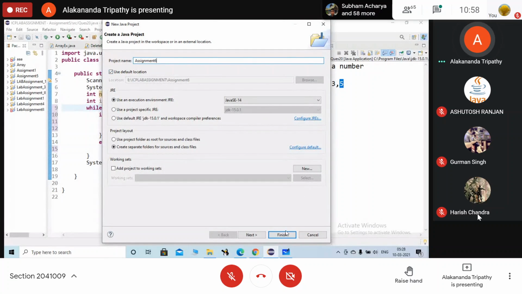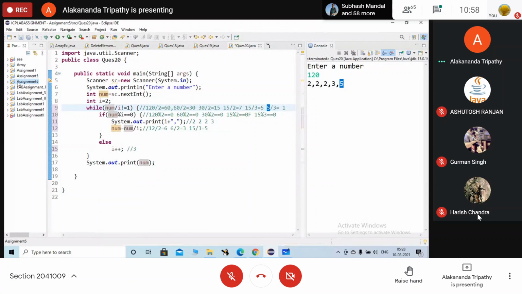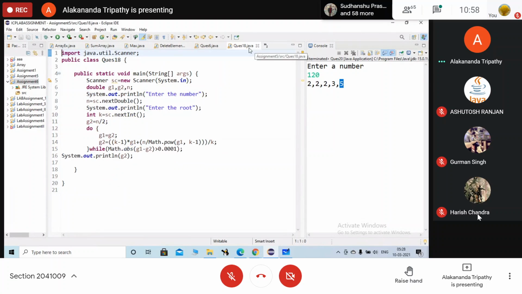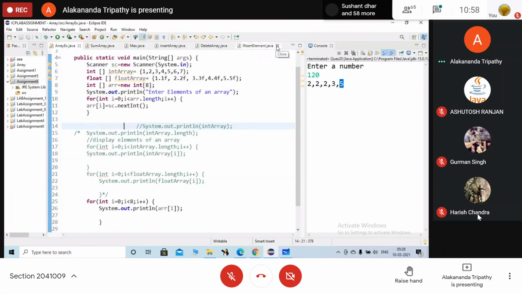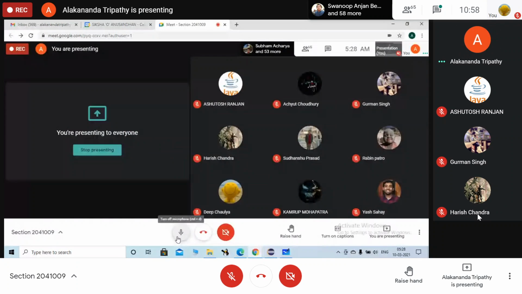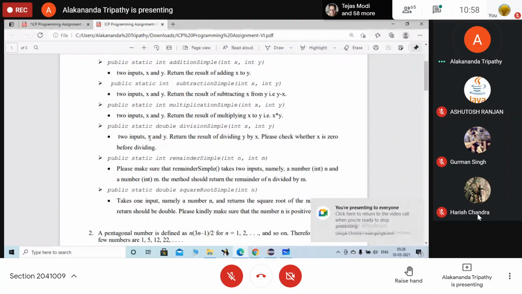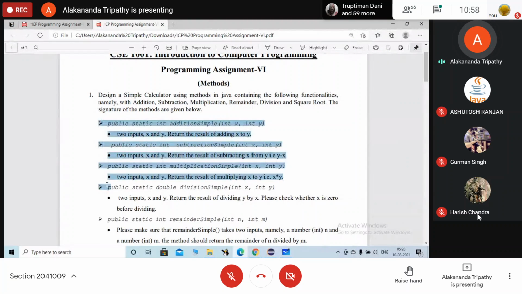Assignment 6. And we have discussed the programs on array. The array program is done, right? Okay, for this question number 1, you just do the first 4 parts.